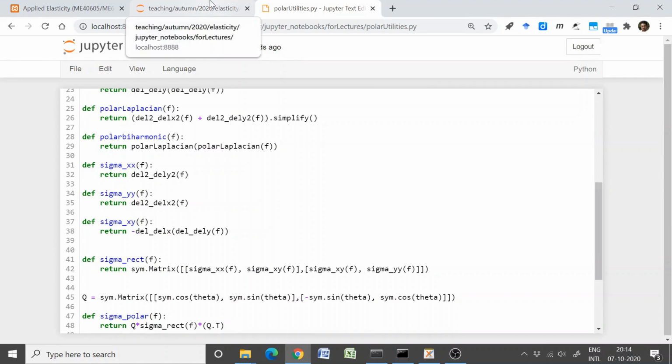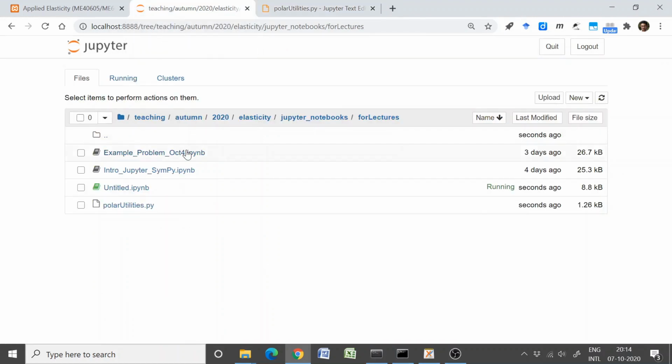What I will do now, you see, back in my navigation tab, this was the untitled file that I was working on. It is still running. What I can do is just shut it down. It does not mean that it is deleted, it's just gone inactive now.